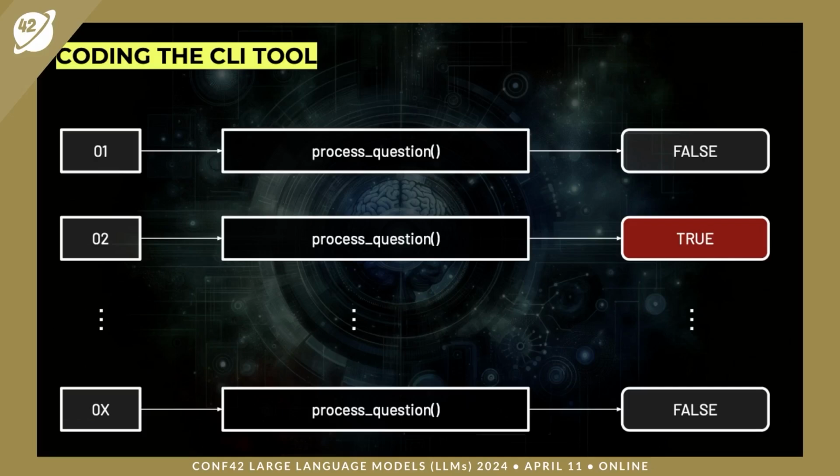So you have 1, 2, 3, 4, 5, and so on, as you can see on the left side of the screen. You also have a function which basically takes the question and pushes it to the LLM, which then processes it and responds. And after running the process question function, it determines if your LLM is vulnerable or not to that specific attack or scenario.